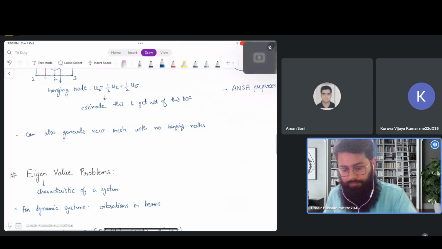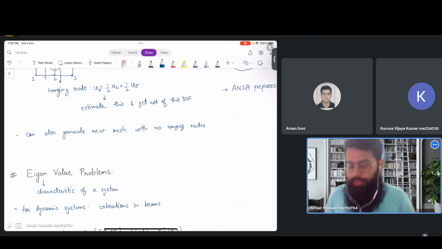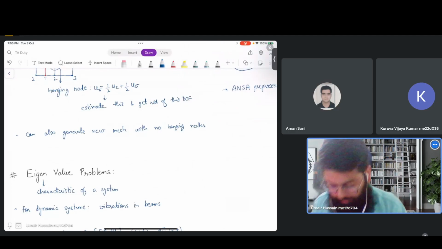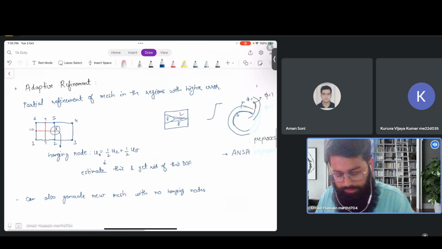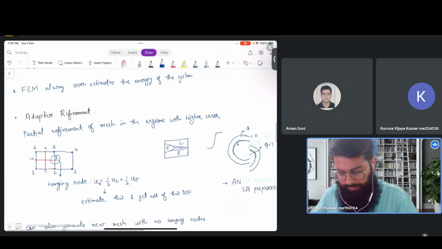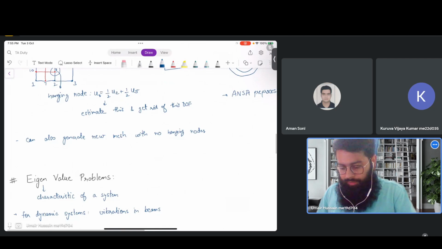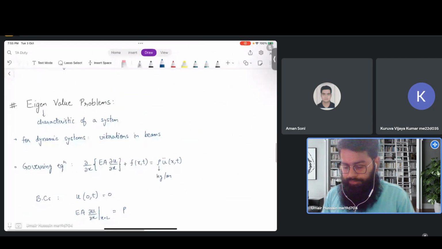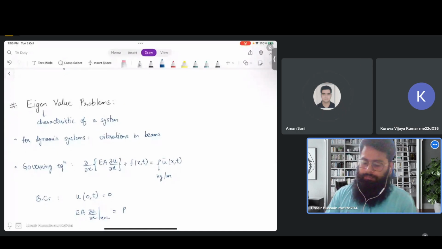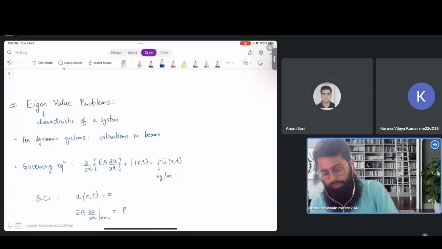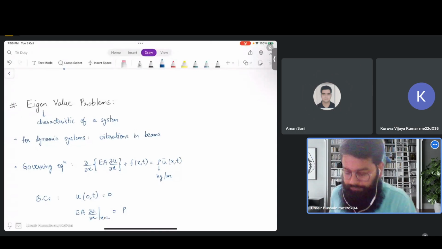So we have done the 2D FEM scalar value problem and some extra topics. Let's quickly finish this. Then we started with the eigenvalue problems. Eigen basically means the characteristic of any system, and we study it for dynamic systems.